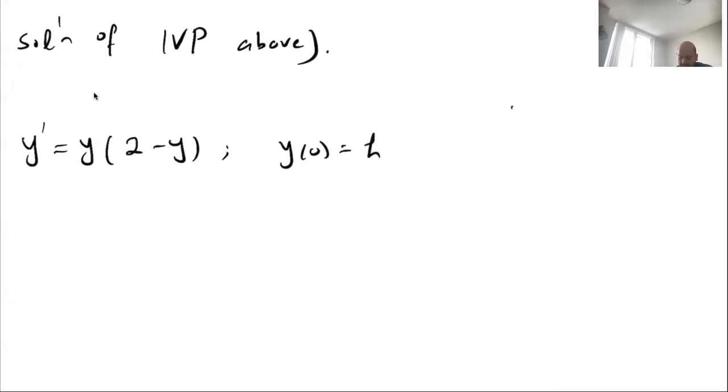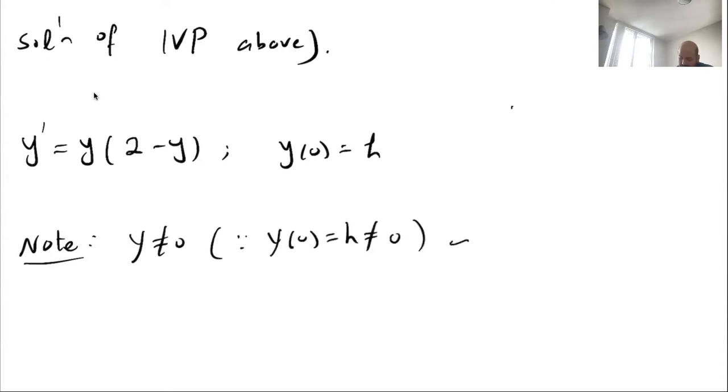So here I can say that the right-hand side is non-zero, because y of 0 is h, and I'm assuming h is a small positive or negative number, so it's non-zero. Note that y is not equal to 0 because y of 0 is h, which is not 0. And y is not equal to the constant function 2 as well.